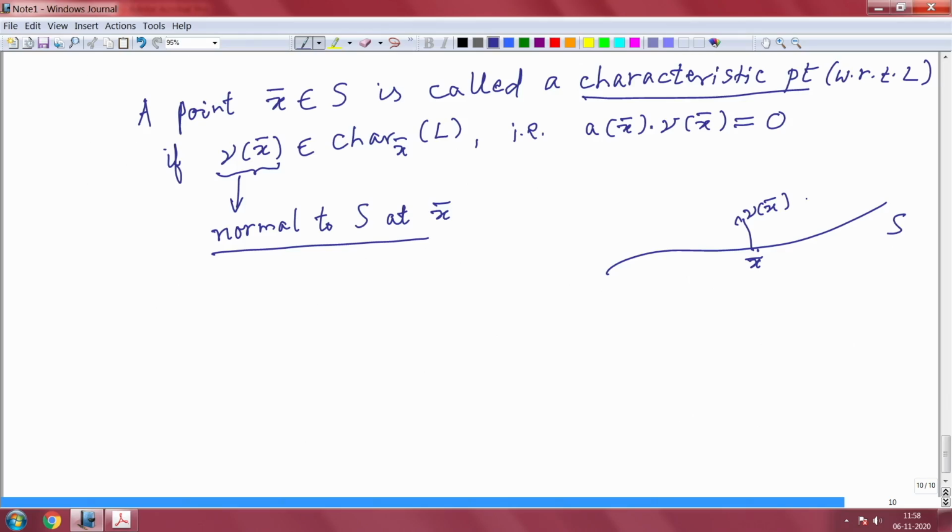What it says is, you call that point x bar a characteristic point if the normal at that point is orthogonal to the given vector A. So, this comes from the PDE, and this relation says that nu is perpendicular to A at that point. Okay.